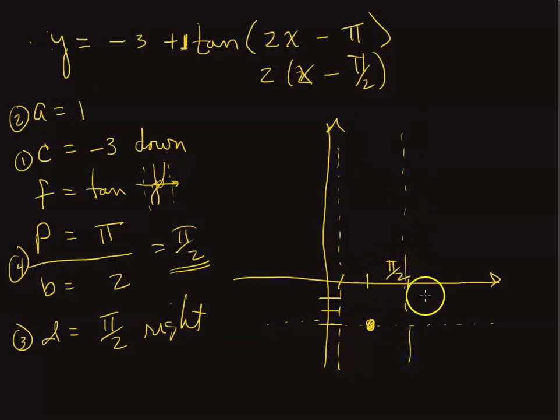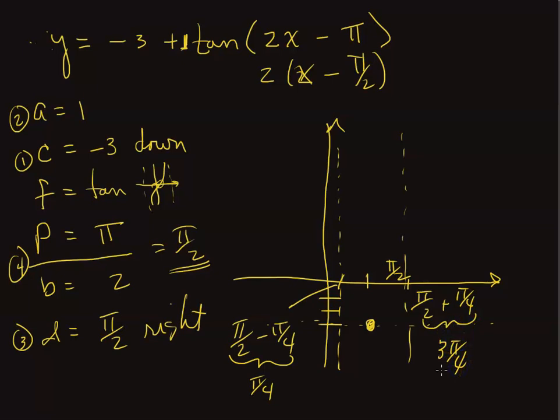So pi over 2 plus pi over 4. And this one is pi over 2 minus pi over 4. So this one maybe is a little bit easier. This is just pi over 4 because pi over 2 is 2 pi over 4s. And this is 2 pi over 4s plus pi over 4, which is 3 pi over 4.